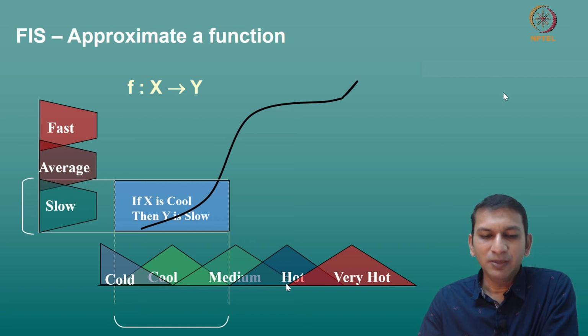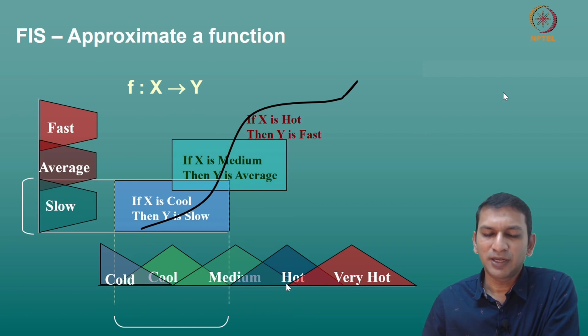If an input falls in the support of cool, then the output y is restricted to the support of slow. So the ordered pairs which belong to this particular rule are given by this shaded region. This is the first thing. Similarly, when we construct for each of these rules, we get these patches.